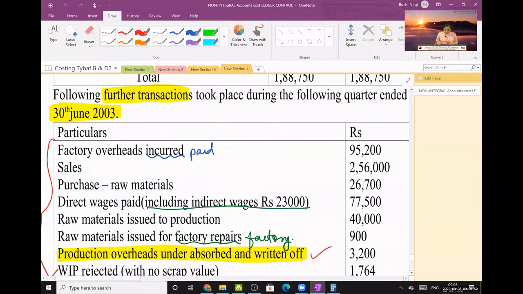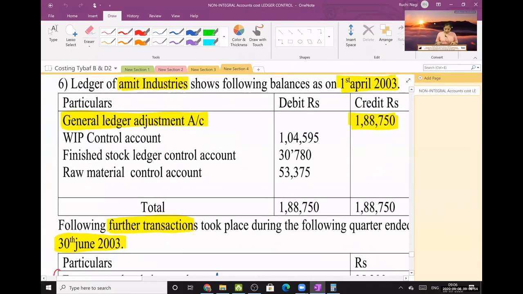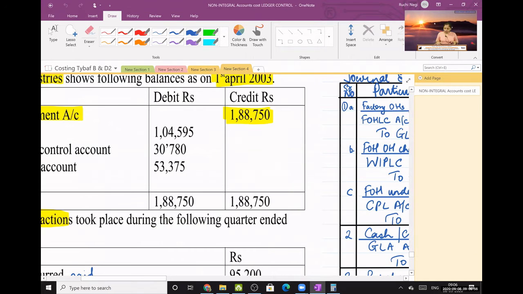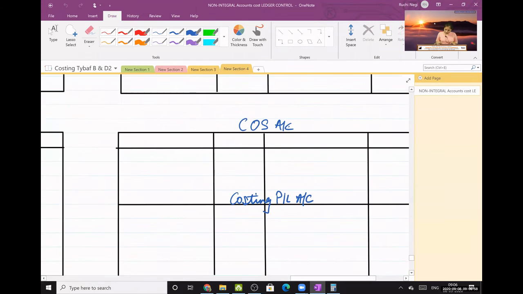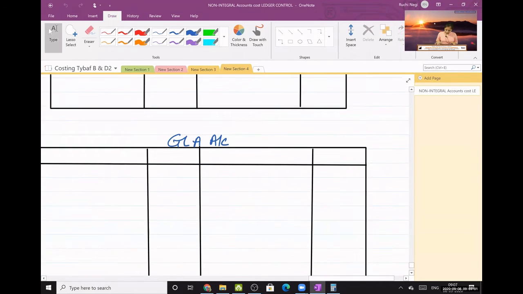With GLA. 1,88,750 opening balances, transfer. Start.